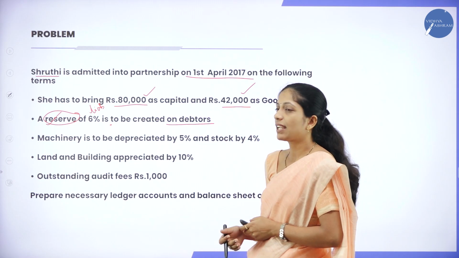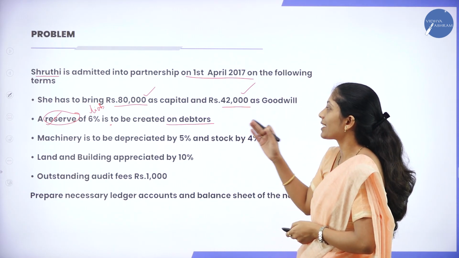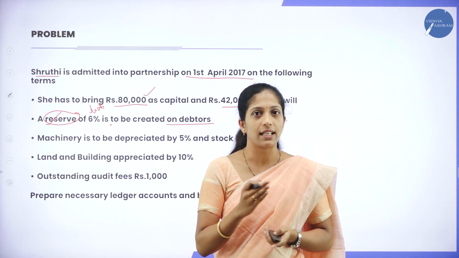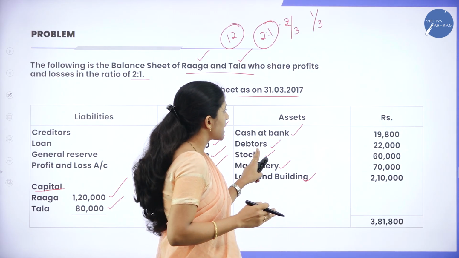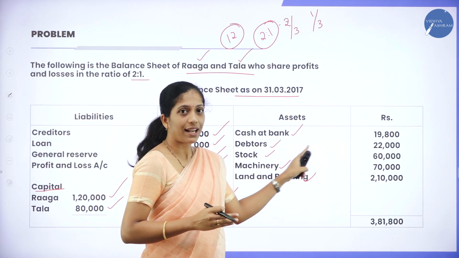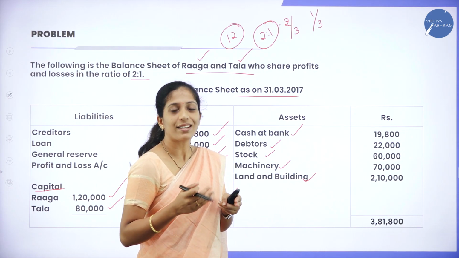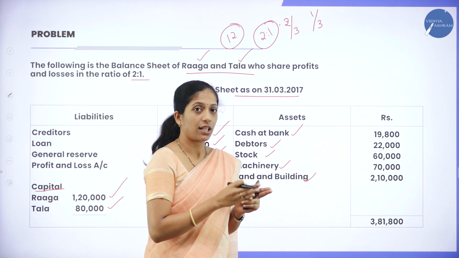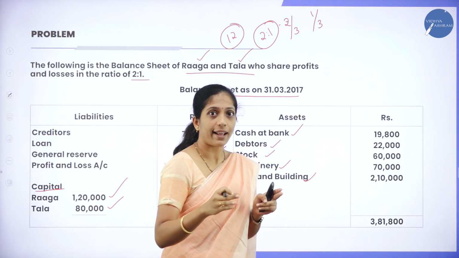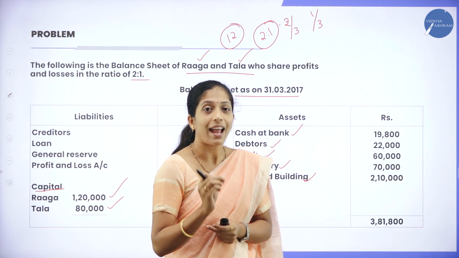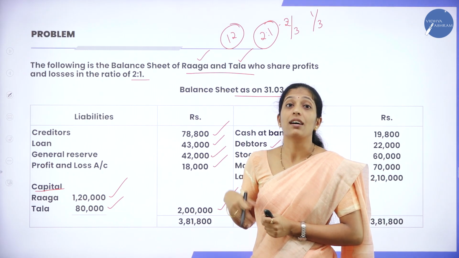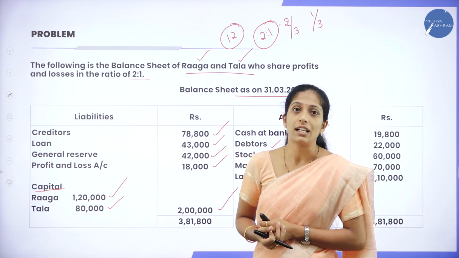Now here they have given a reserve of 6% is to be created on debtors. But if you see the balance sheet in the question, debtors is 22,000, but they have not deducted that reserve, right? In the earlier balance sheet, it was not there, but in the adjustment, they have given that reserve. It means during the admission of a partner, a reserve has been created on debtors.